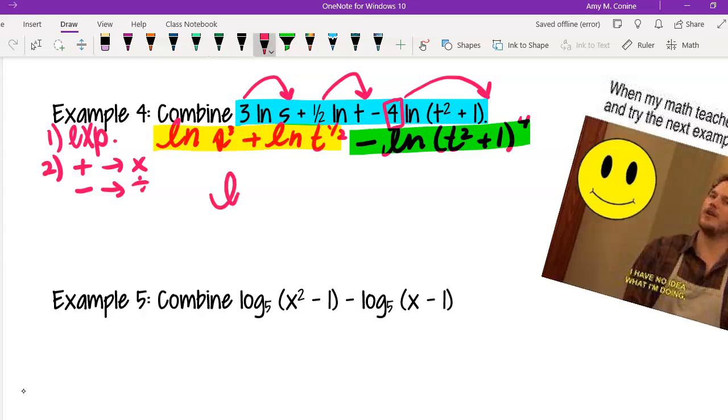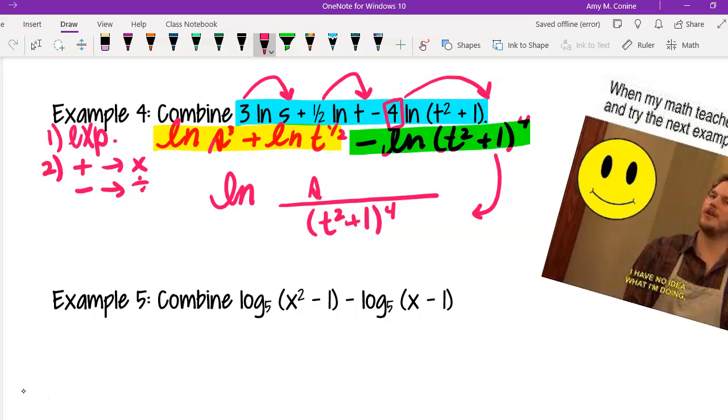We're just going to do it in one big step because I think that's a little easier for you to see. So we have the natural log, and then a fraction. When I combine, the natural log of t squared plus 1 raised to the fourth is going to go on the bottom because of this subtraction symbol. So that goes down there. Then in the top is this multiplication that I need to simplify, this s cubed times t to the 1/2.